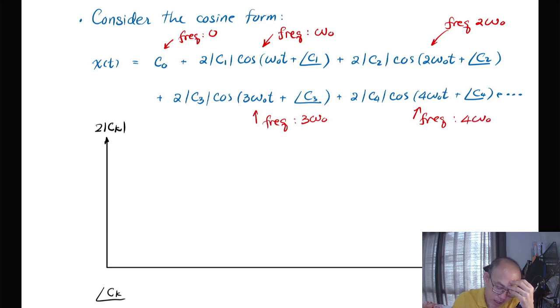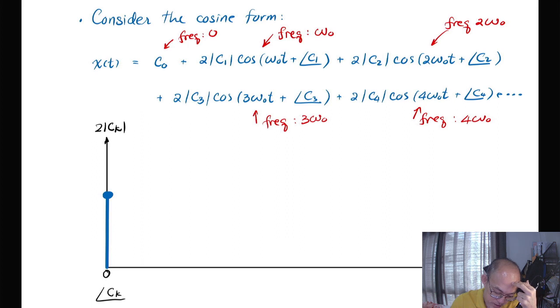I'm going to plot the amplitude of each frequency, starting with 0, which is the frequency 0. If I have ck, I could do that. So I'm going to plot c0 here. Suppose c0 is right here. This is at frequency 0.